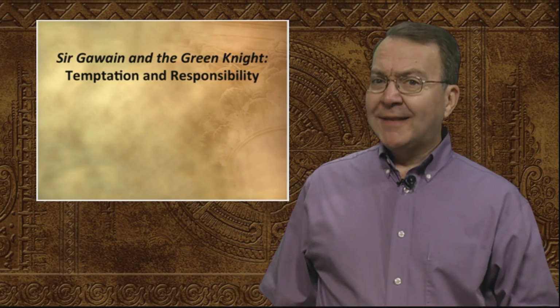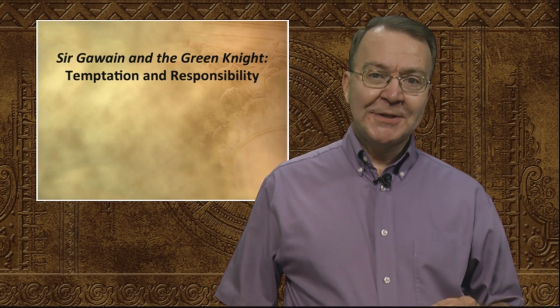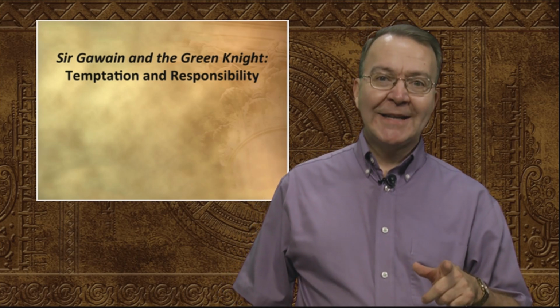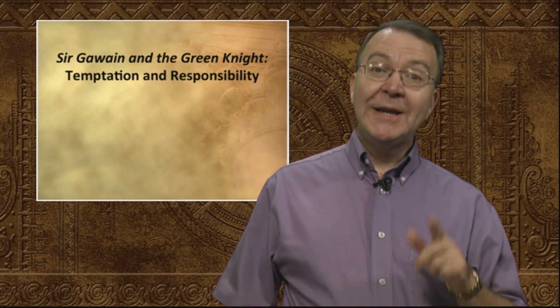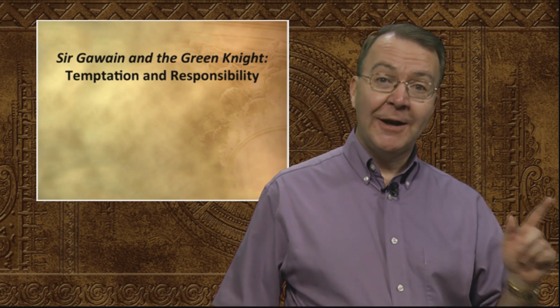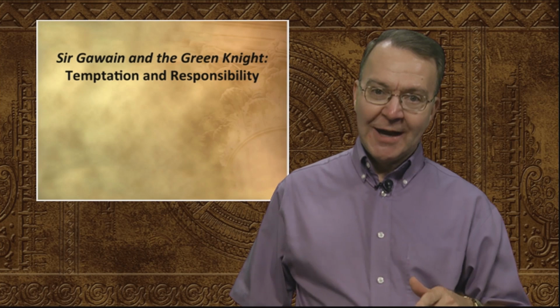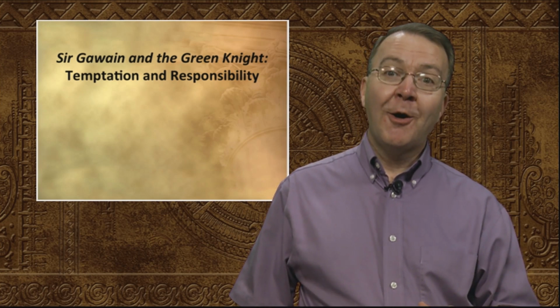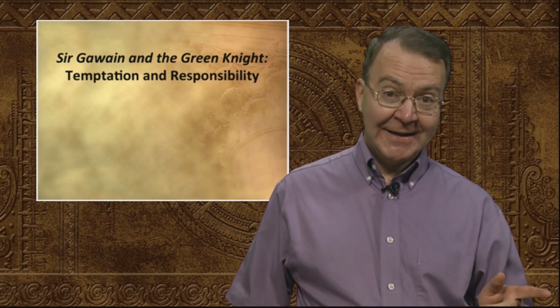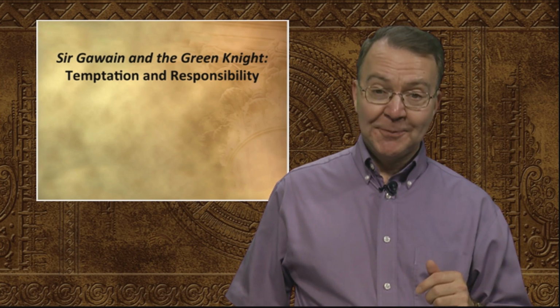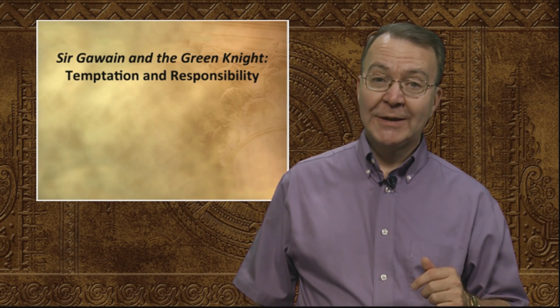Well, it's not quite that simple because we now know that that Green Knight who he saw a year ago at Camelot and the Knight of the Green Chapel here are the same as the knight at the castle, who was not wearing green at that point.